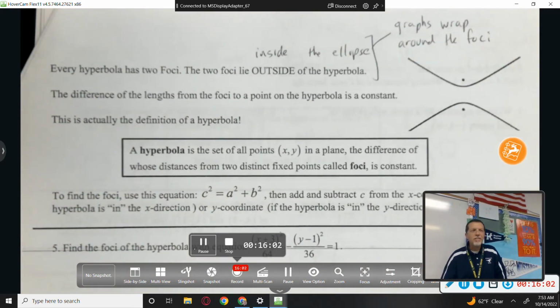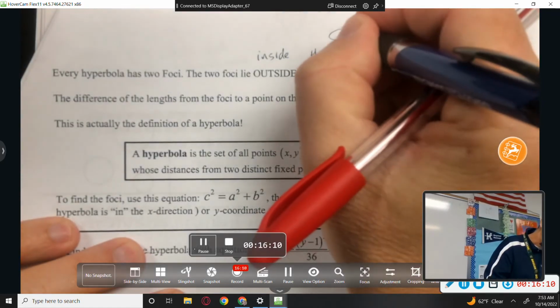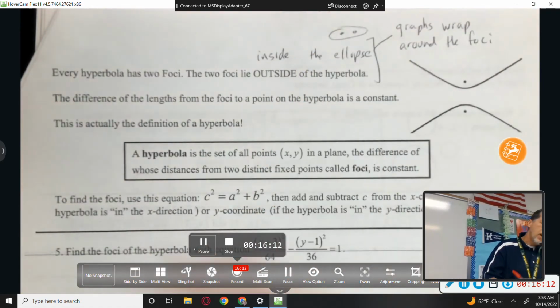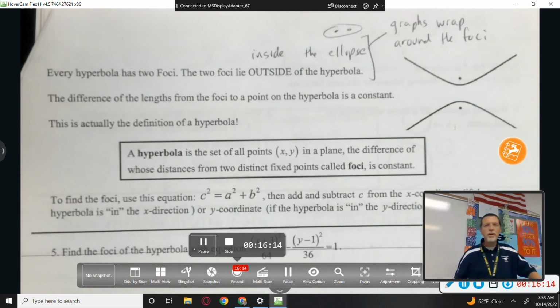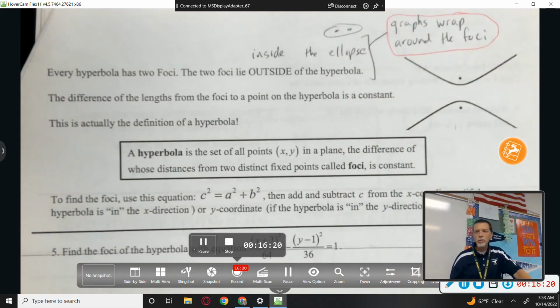It's the focus of the graph, so I don't want to say centered. They wrap around the focus, whether it's an ellipse where they're on the inside, but they're wrapping around the focus. Hyperbola, they're on the outside, but it's wrapping around the focus. So to me, I remember it this way. That way it's the same rule for both of them.